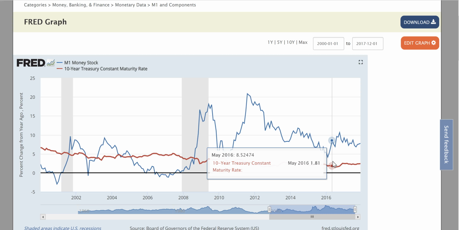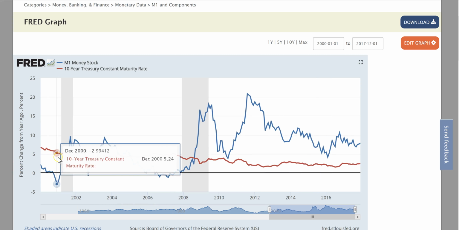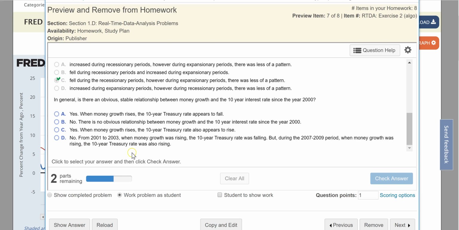So the pattern here may not be so obvious as we saw during the recessionary periods. But let's hold this for a while. Let's read the other choices. B, no, there is no obvious relationship between money growth and the 10-year interest rate since the year 2000.